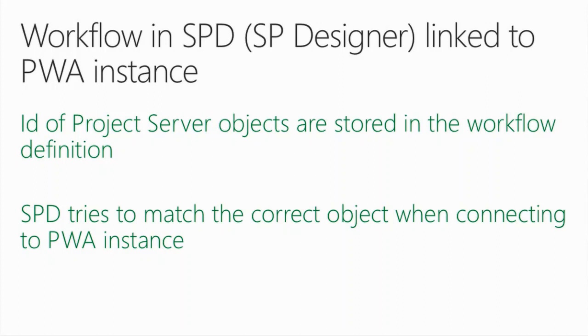So when it tries to import the workflow from Visio, it will try to do a mapping of the names between the two instances. If you use the same name for your objects in Project Server, it will do a matching. Otherwise, you will have to manually reselect the different objects so that the workflow works.